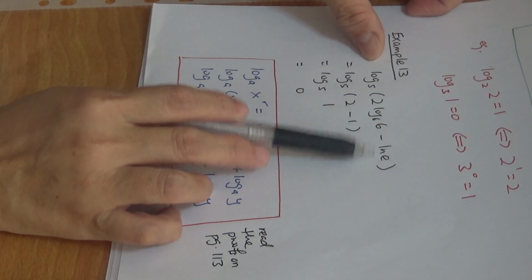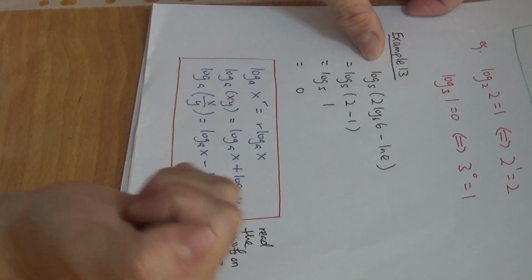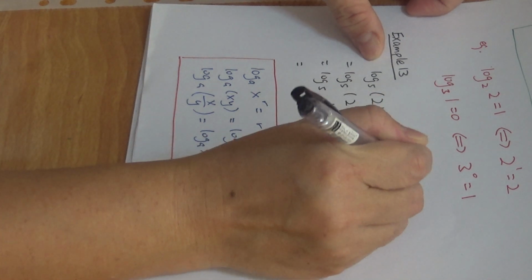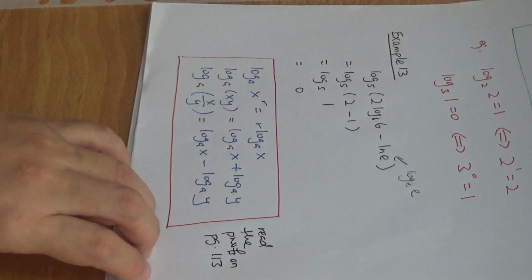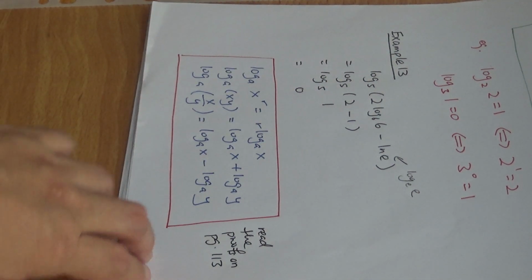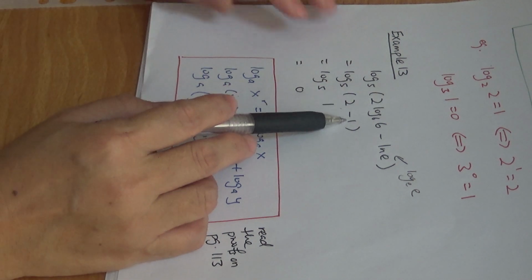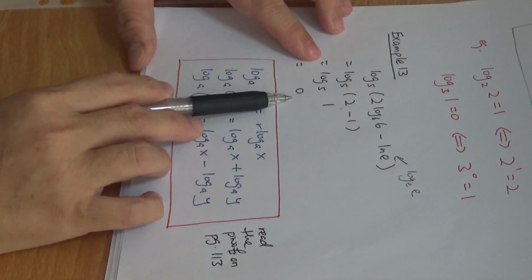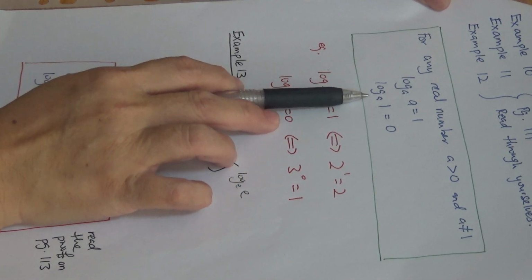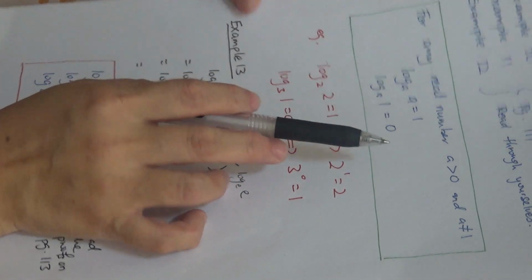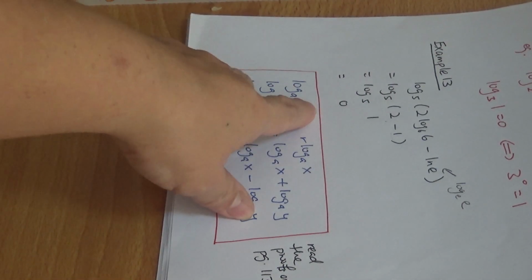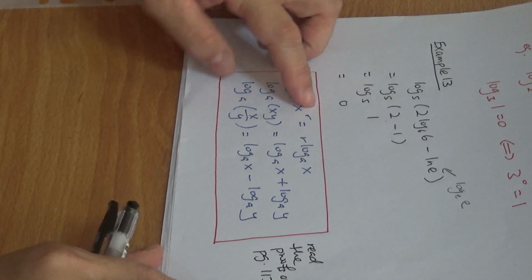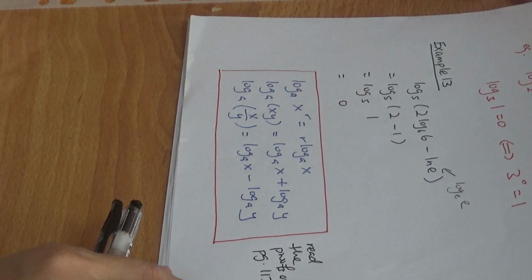And ln e is actually log_e e, which means it is 1. So 2 minus 1. Then log_5 1 is 0 because log_a 1 is 0. Log to base anything of 1 is 0. So log_5 1 will be 0 over here. That will conclude your example 13.